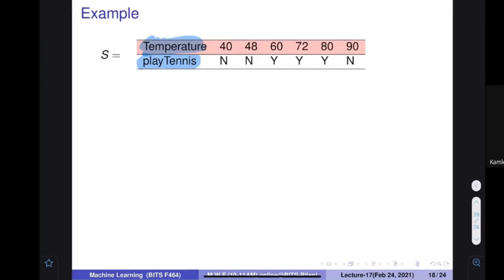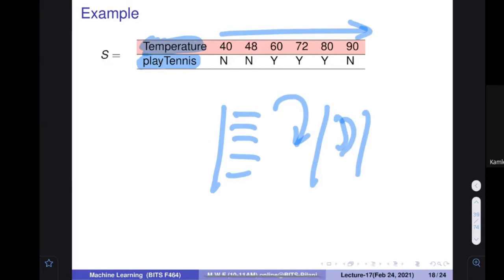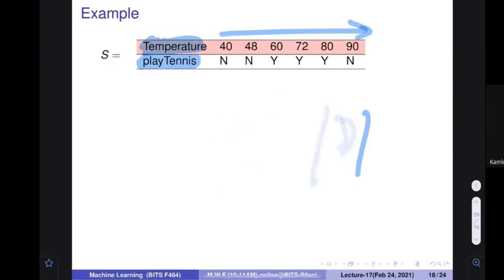One thing I wanted to tell you is that I have put these values in sorted order. That doesn't make any difference, because if the data is given to you unsorted, you can sort it; it is the same database. Without loss of generality, we have sorted all the values.